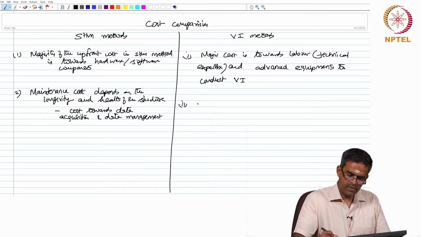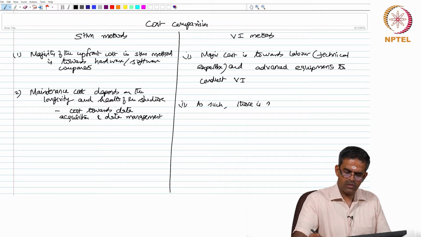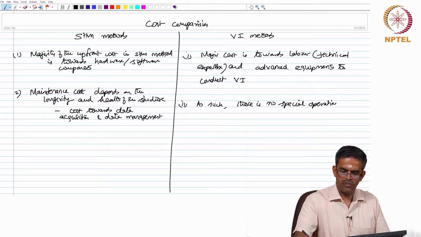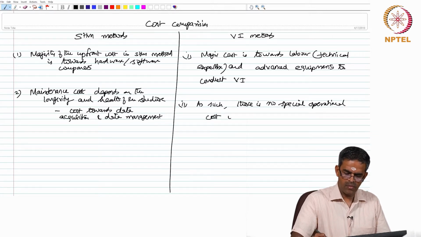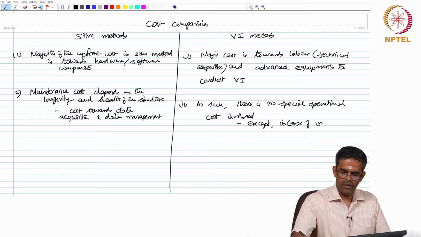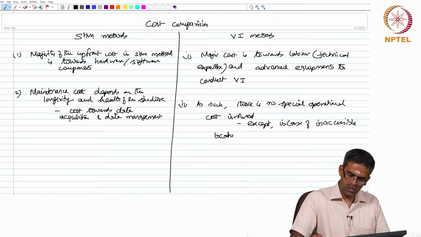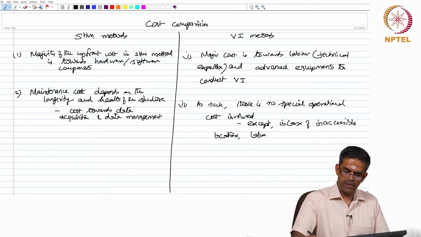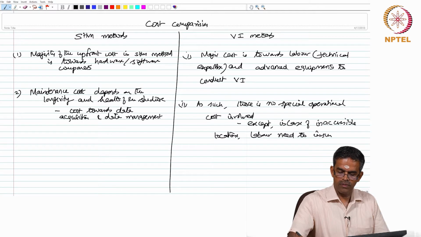In this case, as such, there is no special operational cost involved, except in case of inaccessible locations like offshore structures, the labor needs to be insured.